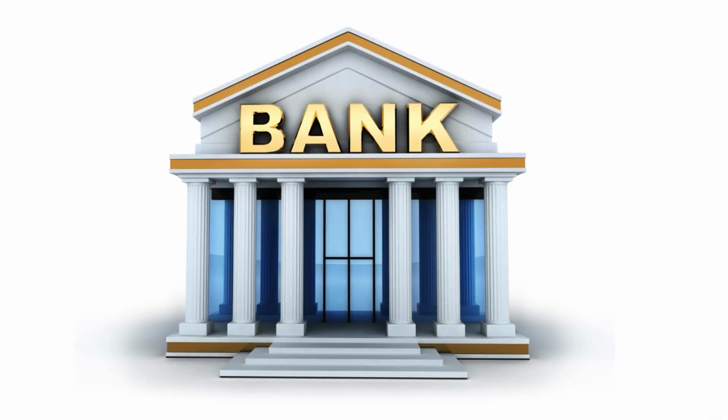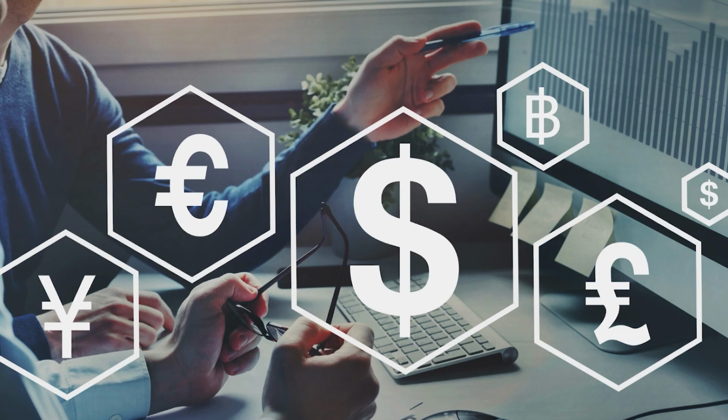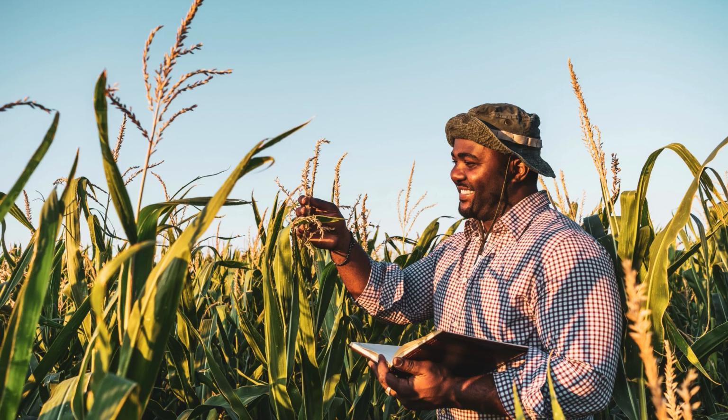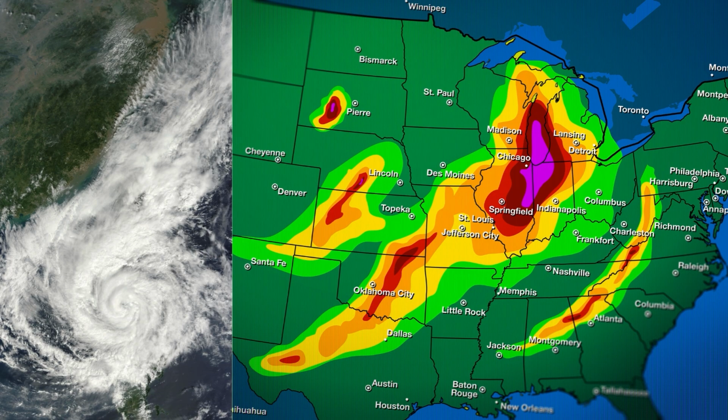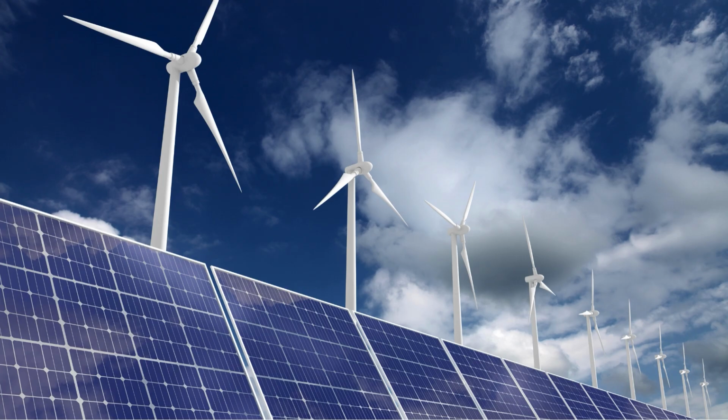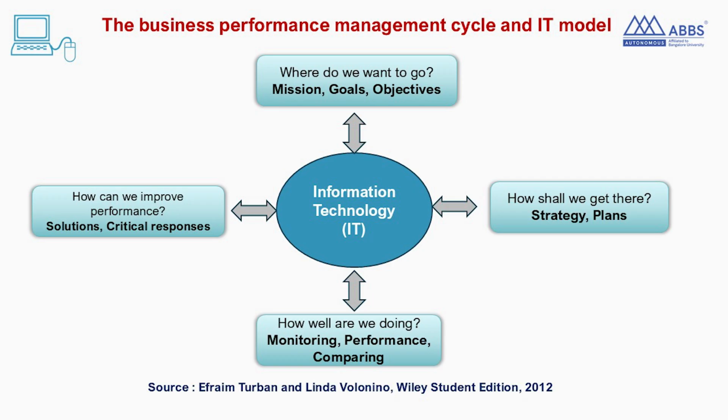When we look at fields like banking, insurance, finance, education, food and agriculture, scientific, aviation, weather, transportation, renewable energy, or even small and medium business sectors, there is not a single field that information technology has not touched. Today, it has become an integral part of the entire business ecosystem.